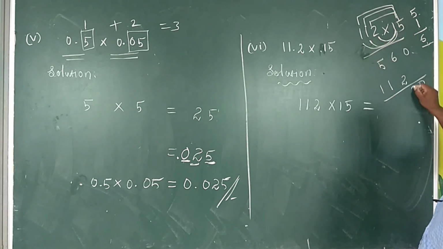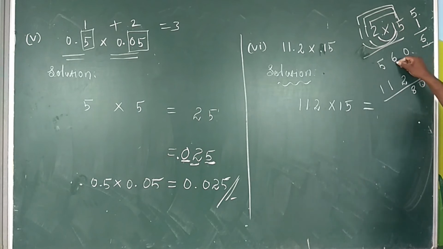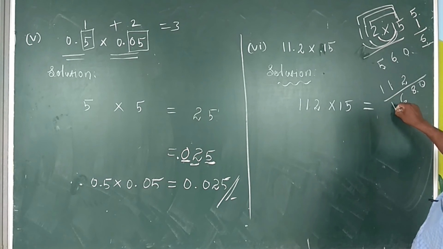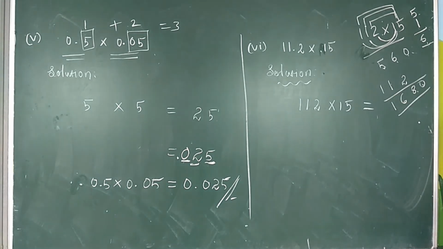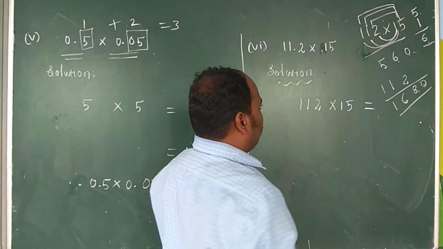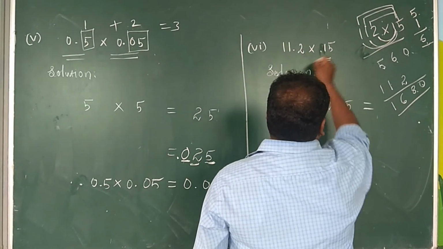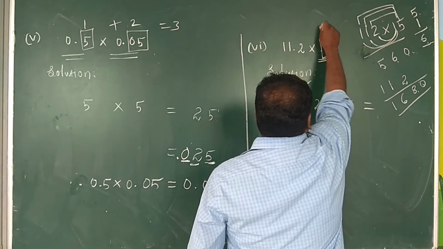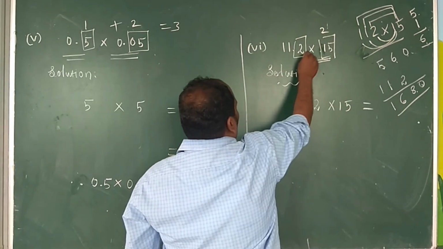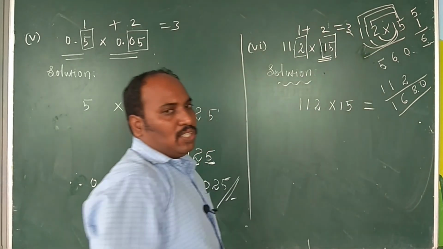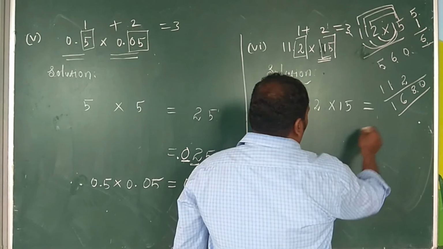So our answer is 0, 6 plus 2 is 8, 5 plus 1 is 6, then 1. Our answer is 1680. Count the decimal places: 1 and 2, so 1 plus 2 is equal to 3.